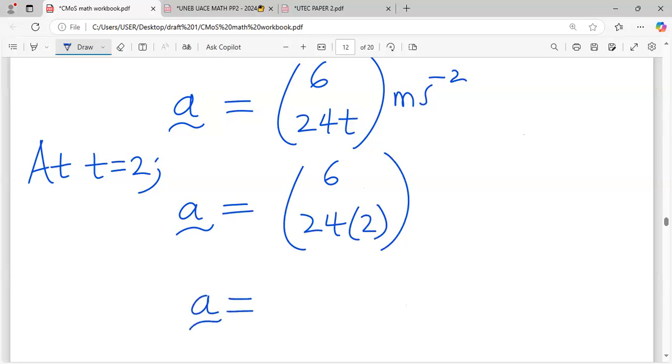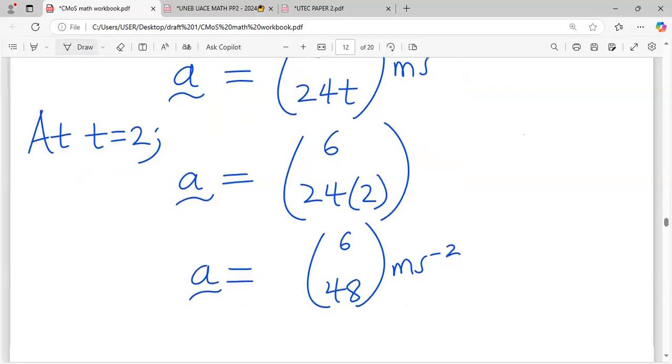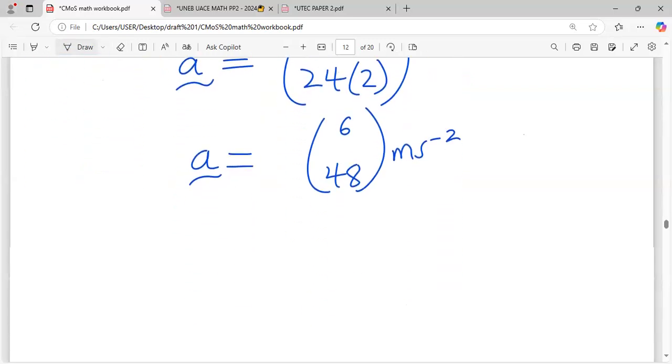The acceleration will be 6 and 48. That is it. But they wanted the magnitude.